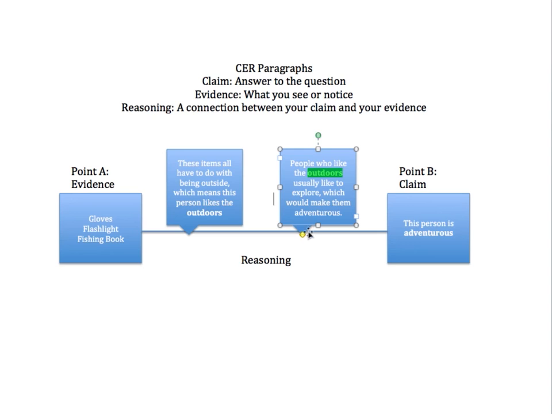Okay, so now I'm going to put this in bold so that you can see that I started by describing my evidence and I came up with all the evidence has to do with the outdoors. Okay, then I connected the word outdoors to the word adventurous to really connect for my reader how I got from point A to point B. Okay, so now all that's left to do is to take all this information and put it in my CER format.